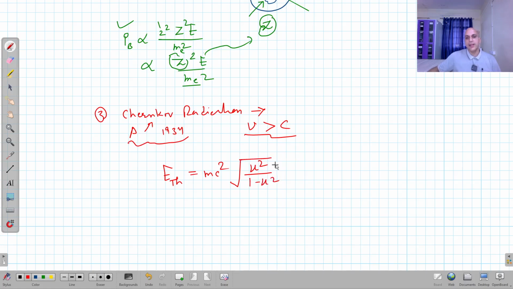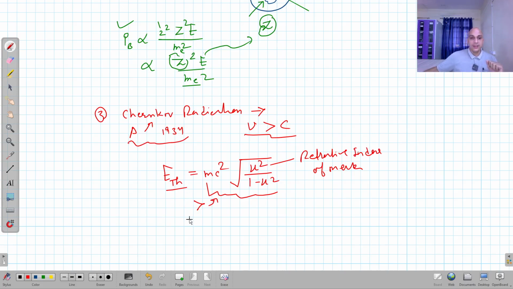Here mu is the refractive index of the medium. So you can see that the threshold energy of the beta particle for emitting Cherenkov radiation depends upon these factors. If the energy is greater than this value, only then can Cherenkov radiation be emitted.